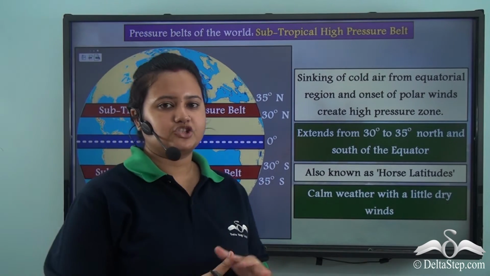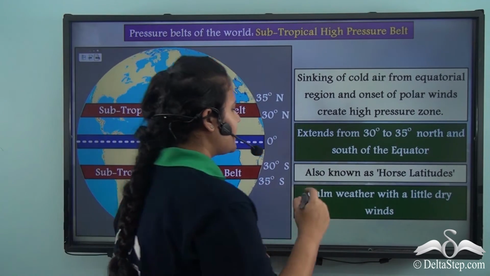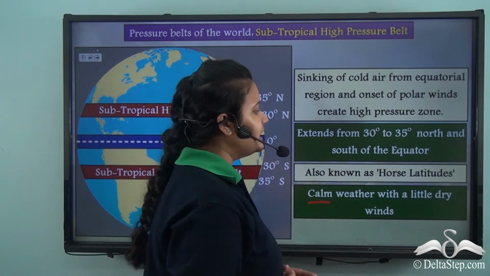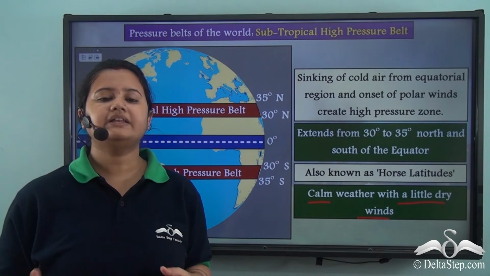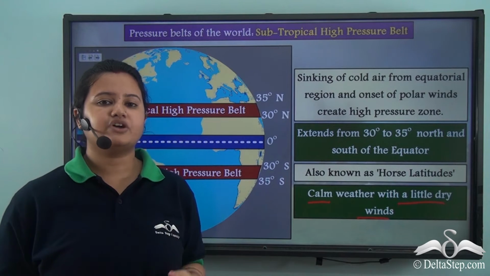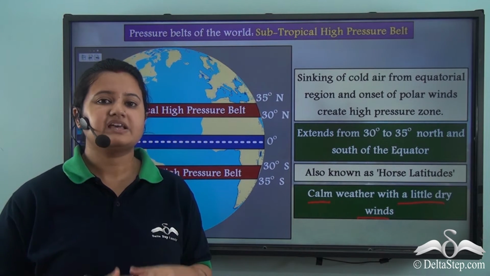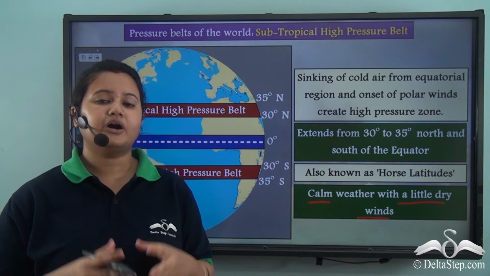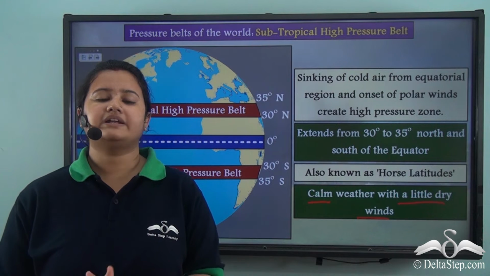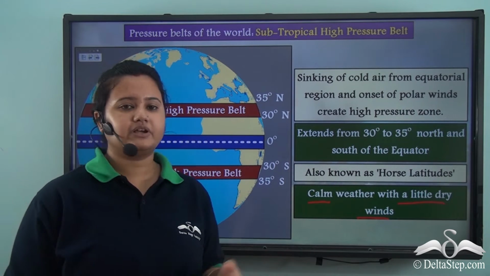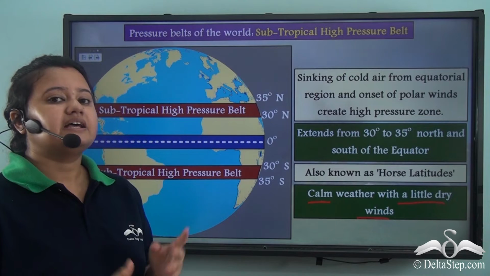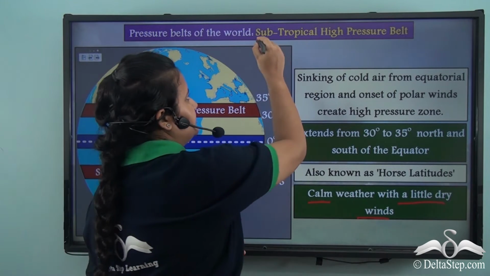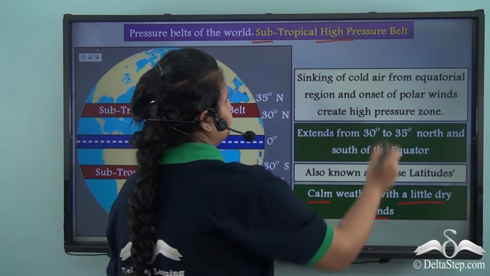Subtropical high pressure belt experiences calm weather with a little dry winds. Now, why this region experiences dry winds, we will study later while discussing winds. For now, let us discuss why subtropical region has a calm weather. I just discussed that subtropical region has high pressure.